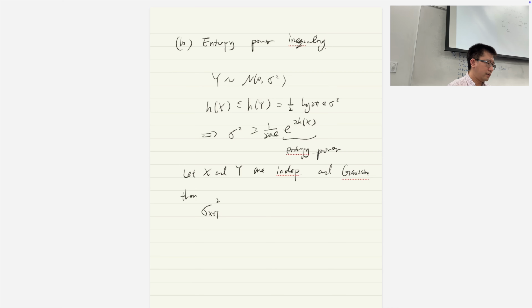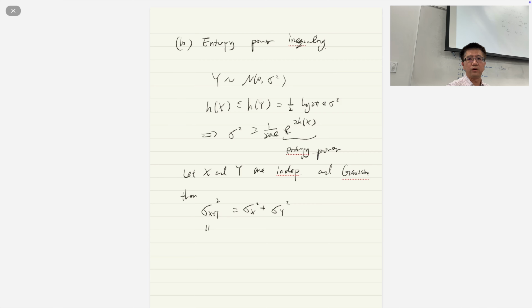Okay, and if x and y are independent, then what we get is this guy, right? We can see that, because we assume they're Gaussian, then we have this inequality, right?